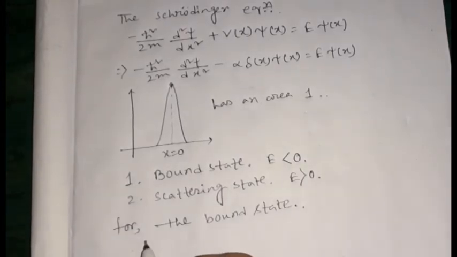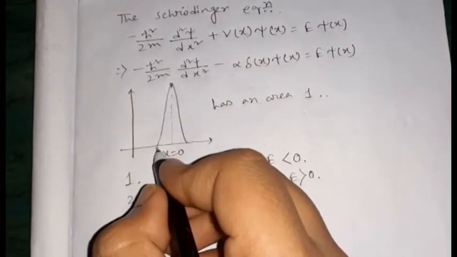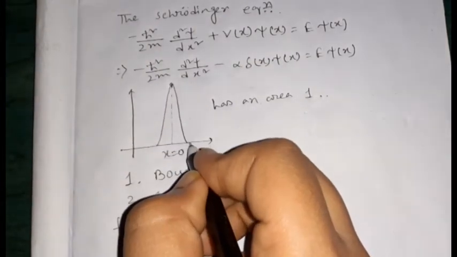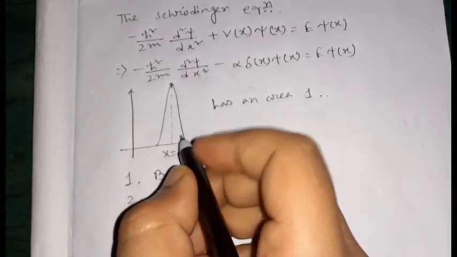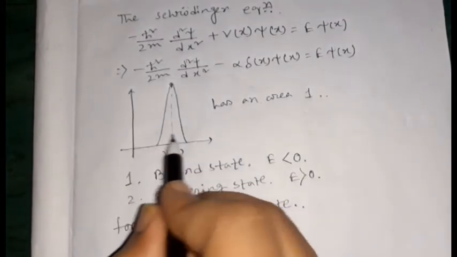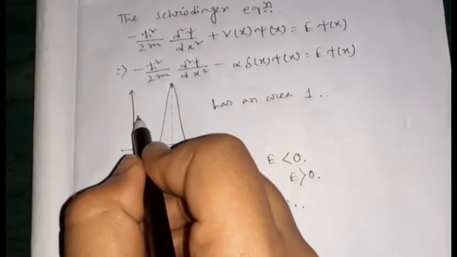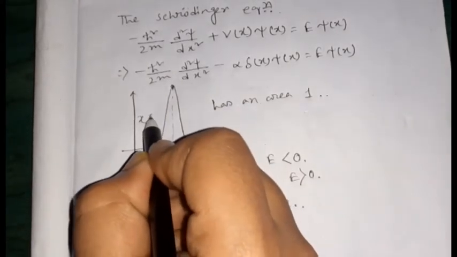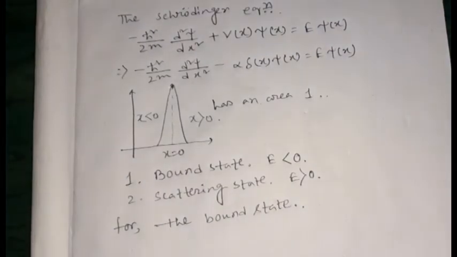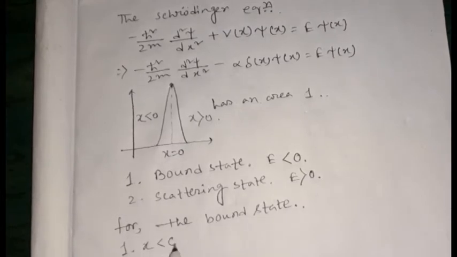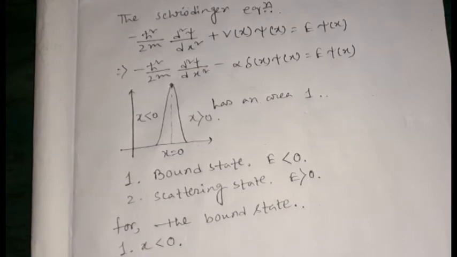So now as you can see, this delta function bump is only at x equal to 0. So there are two different regions, for x lesser than 0 and for x greater than 0. First for the bound state I am going to solve it for x lesser than 0, and then for x greater than 0.